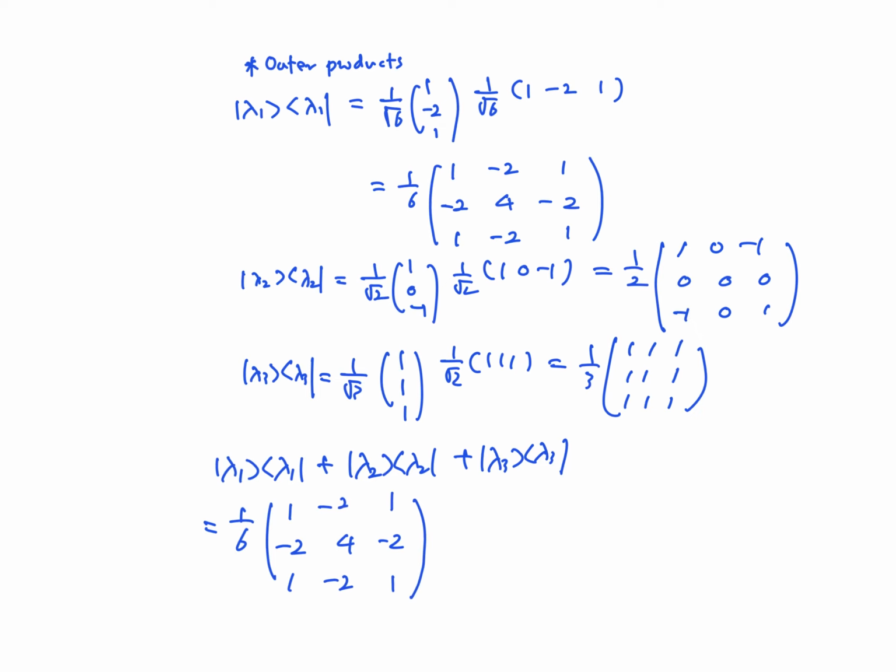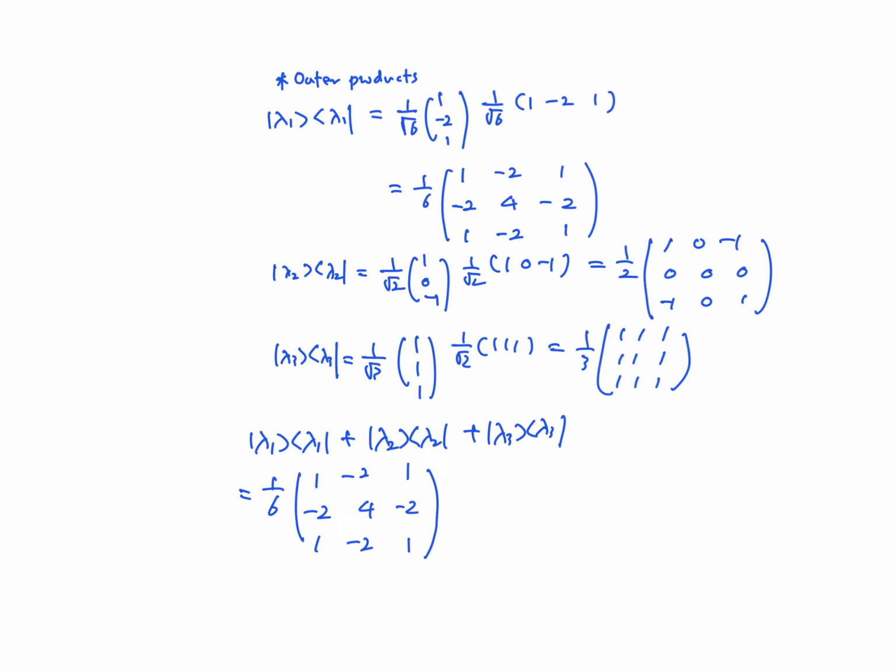Let's use the same denominator because we have to add them together, right? So it becomes 1 over 6, (3, 0, minus 3; 0, 0, 0; minus 3, 0, 3), and 1 over 6, (2, 2, 2; 2, 2, 2; 2, 2, 2).